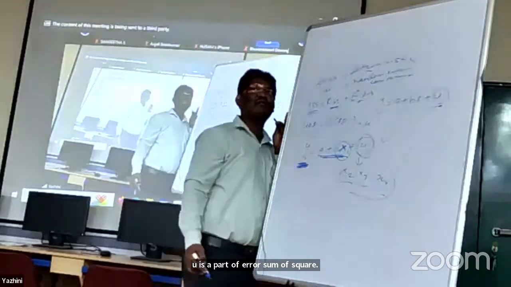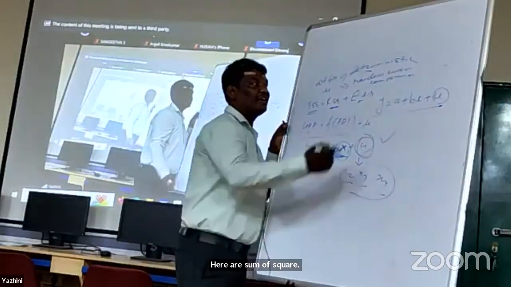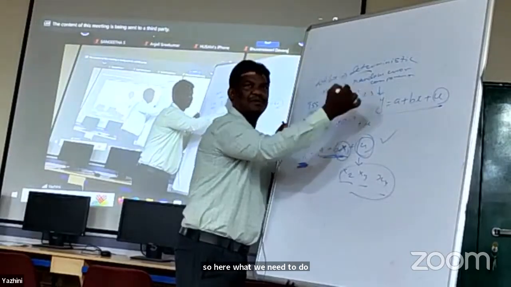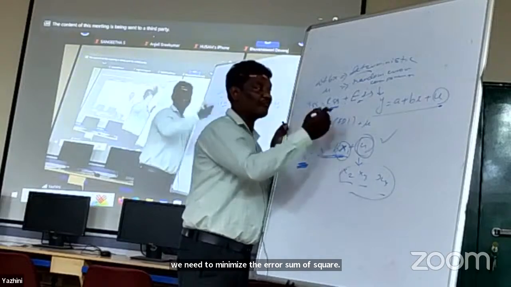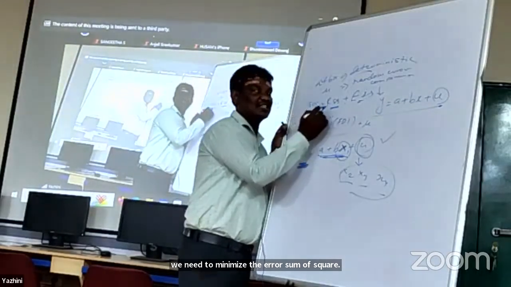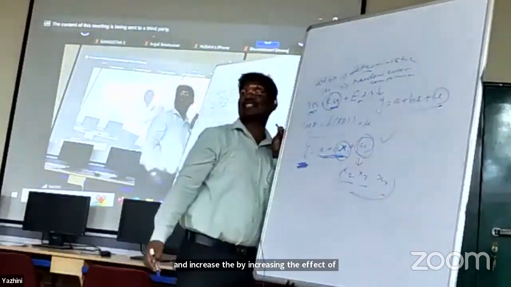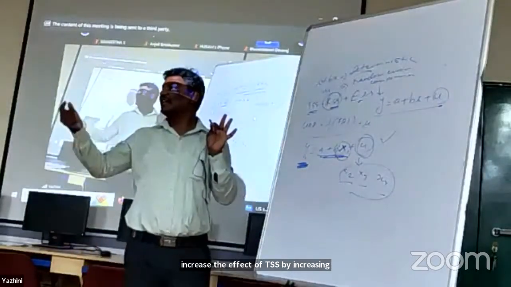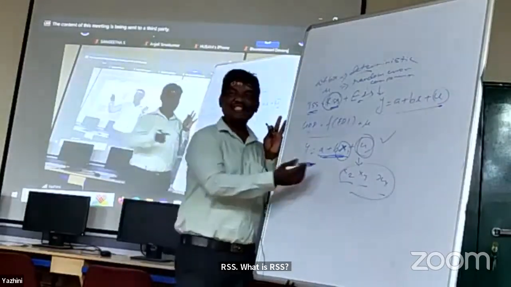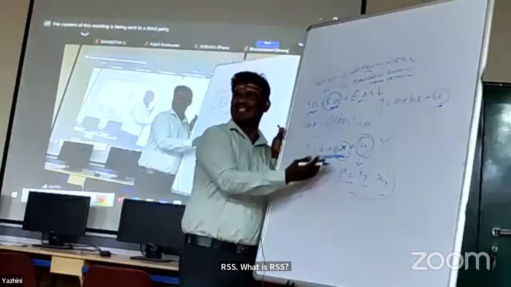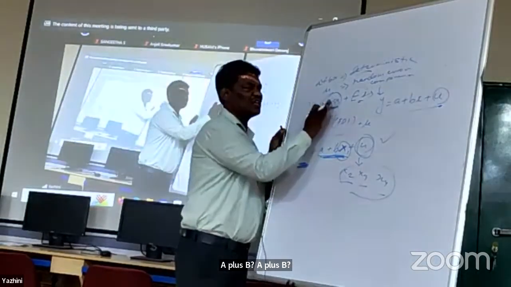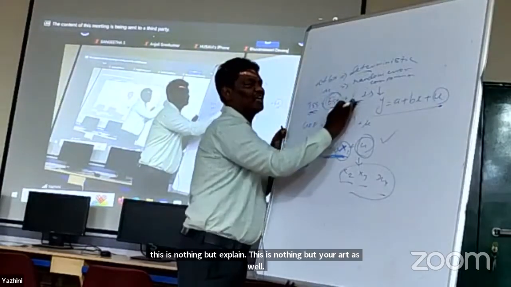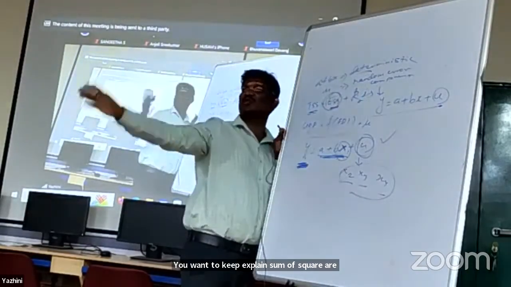So here what we need to do is minimize the error sum of square and increase the effect of TSS by increasing RSS. What is RSS? A plus B X. This is nothing but explained. You want to keep explained sum of square or the residual sum of square also, fine.